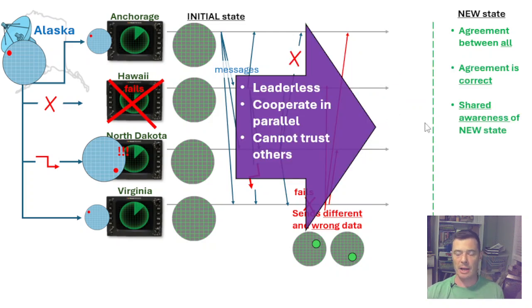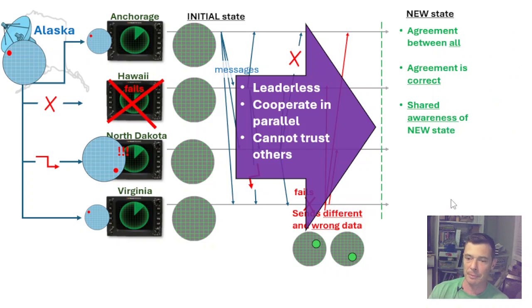And so lastly, each node has to know when it itself has the correct new data, and it also has to know when all the other nodes have the correct new data. It has to know when the whole team of nodes has the shared awareness that they all are in agreement, and that they have the correct agreement.